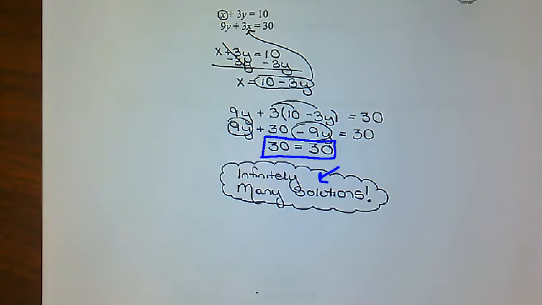Now sometimes what's going to happen is you are going to solve your equation and you'll get something like 0 is equal to 10. Okay, so all of your variables are going to cancel out and you're just going to be left with what looks like nothing. Okay, so we call this no solution.